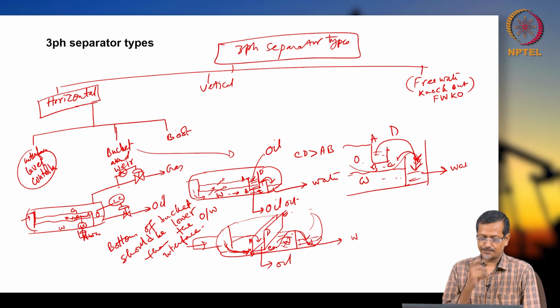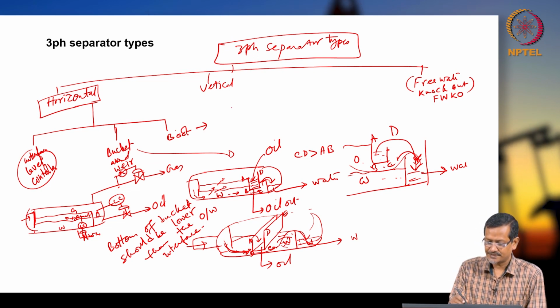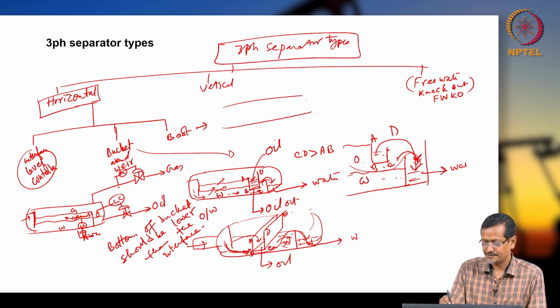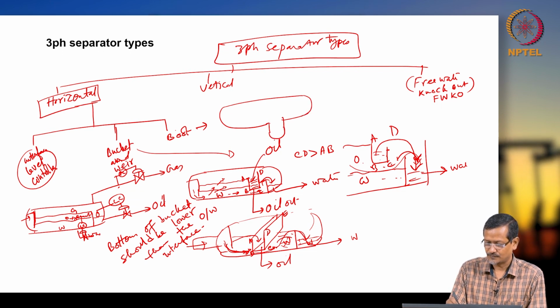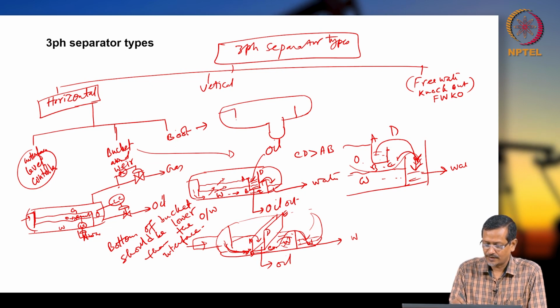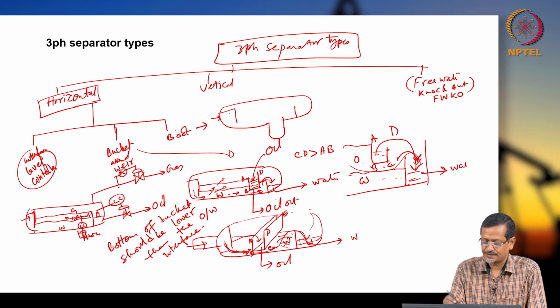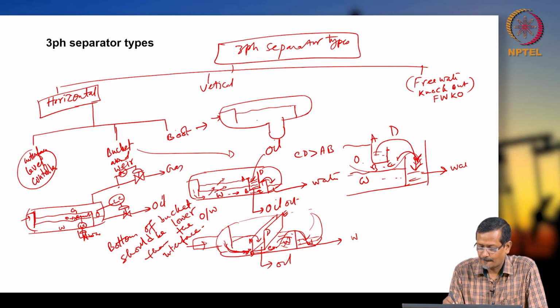Okay, next is the boot. So the boot is like this. I have one separator, and the wear is here, and you have the inlet diverter. The inlet is here. So liquid will be creating one layer.